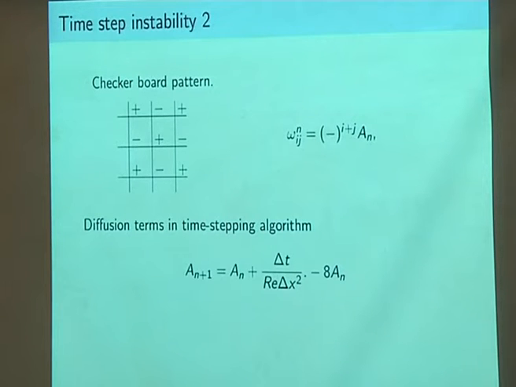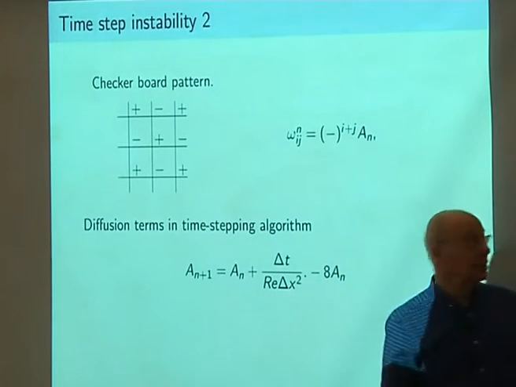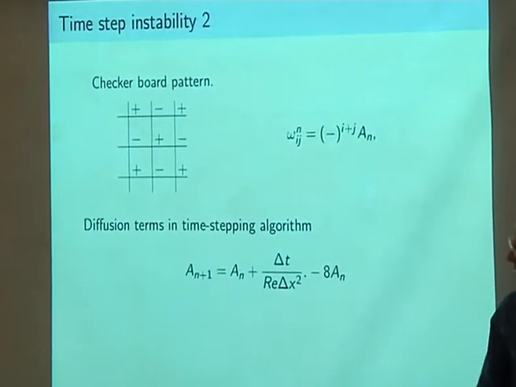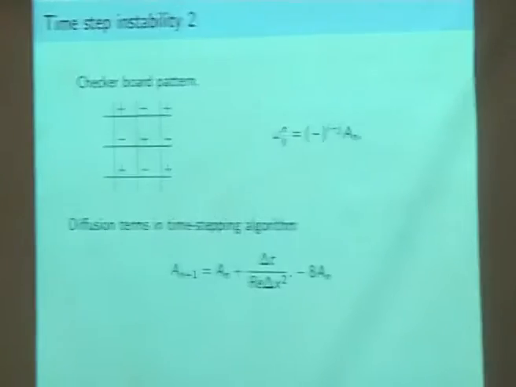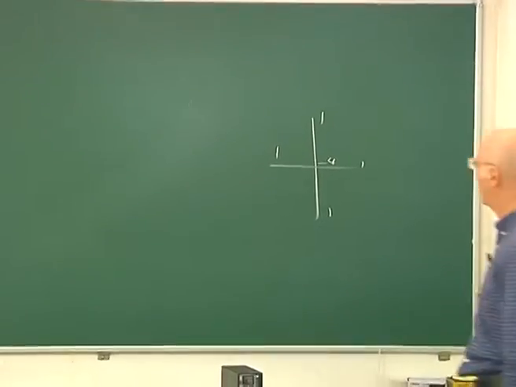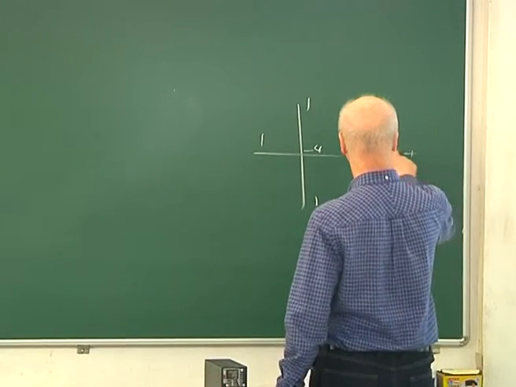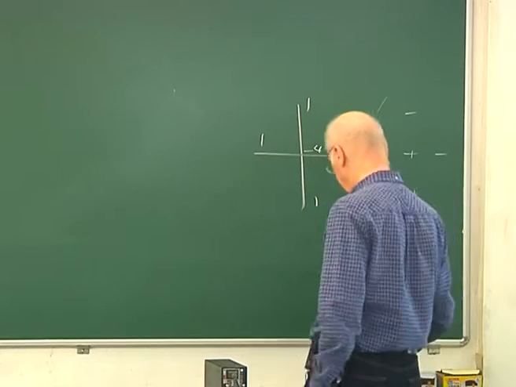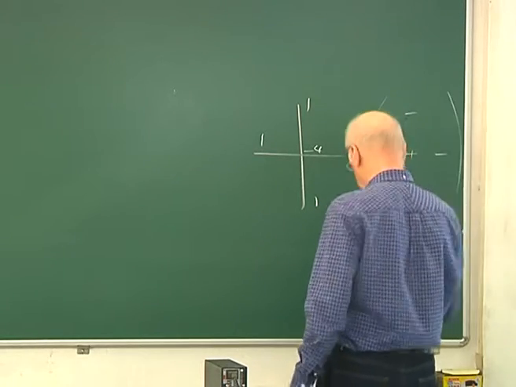So I'm eliminating most of the differential equation and saying the vorticity at time level n plus 1, that's the amplitude at time level n plus 1, is the amplitude at time level n, an. So an plus 1 is an plus delta t times what our numerical molecule is doing. So we have this minus 4, 1, 1, 1, 1, and we're applying that to a plus, minus, plus, minus pattern.